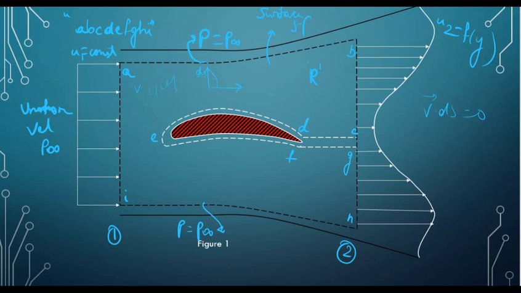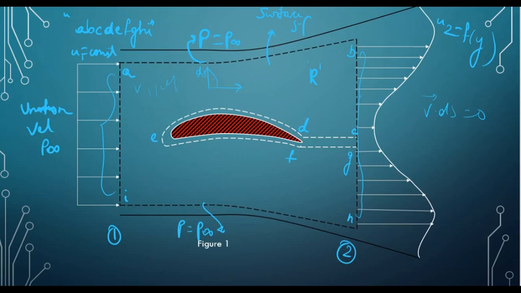The only contribution comes from the sections AI and BH. These are the only two sections contributing in the integral of our equation 6.